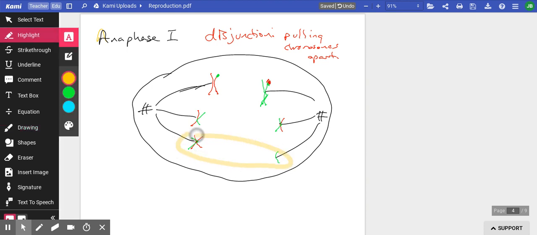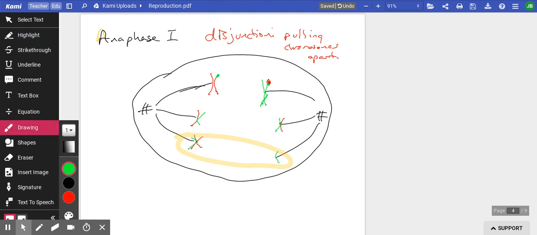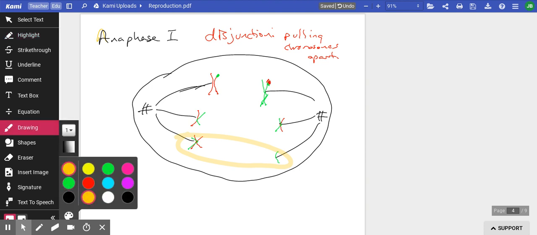This is what results in genetic conditions where a human has an extra chromosome, such as Down syndrome, where there are 3 copies of chromosome 21.